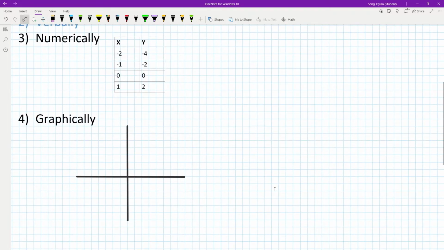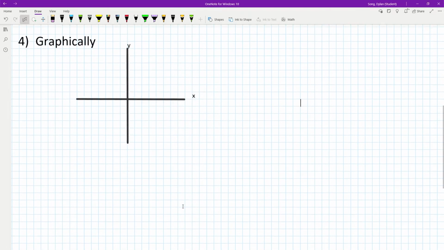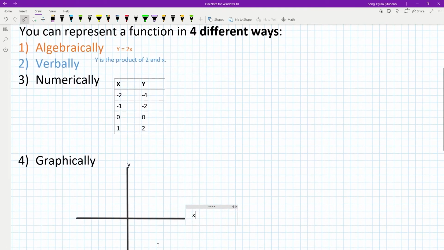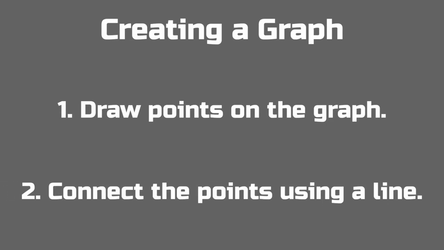Then I'm going to call this horizontal line x because it represents all the x values, and this vertical line y because it represents all the y values. Now we can use our table that we created above to help us make the graph. We need to have points on the graph, and then we need to draw a line that connects them, right?